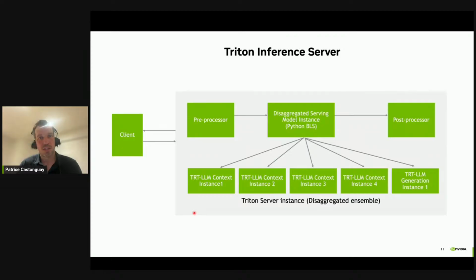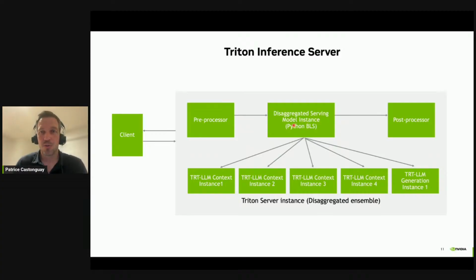When using the Triton inference server, we use what's called in Triton an ensemble model, which is essentially a pipeline of models. For disaggregated serving, we have 3 models in our pipeline: the pre-processor that's responsible for tokenizing the input prompt, the disaggregated serving model instance, which plays the role of the orchestrator that we talked about earlier, and finally the post-processor.